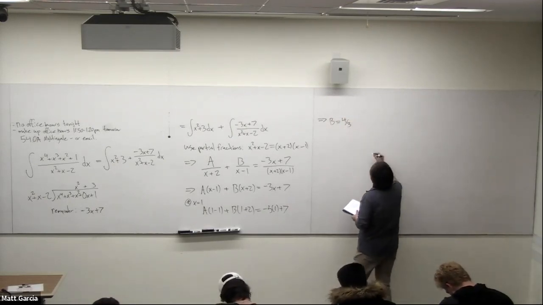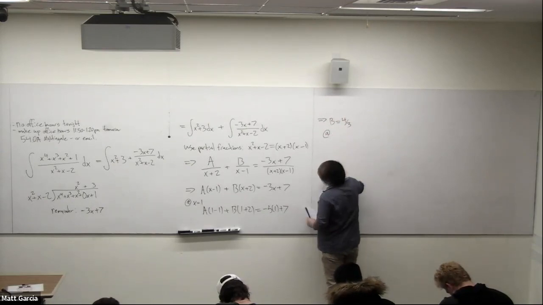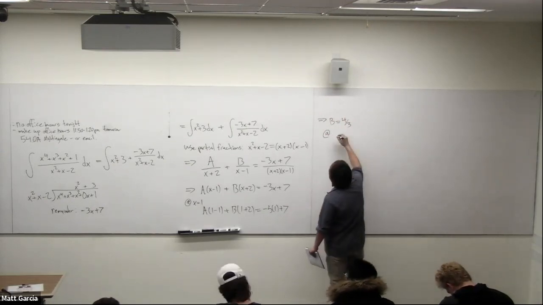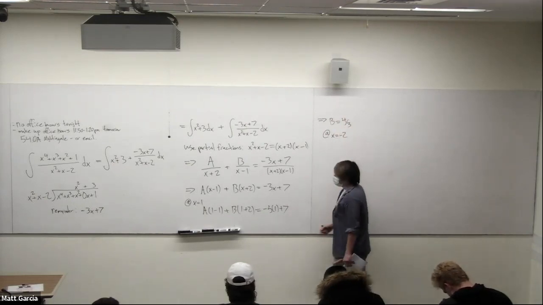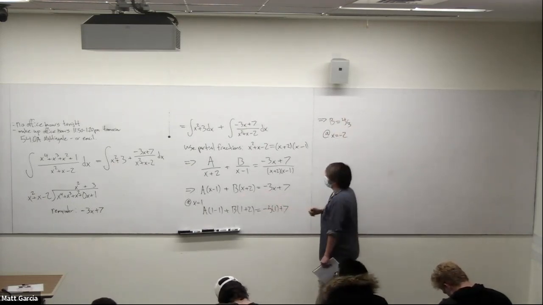Then we'll go back to our original equation and see what happens at x equals negative 2, which sends the second term to 0.